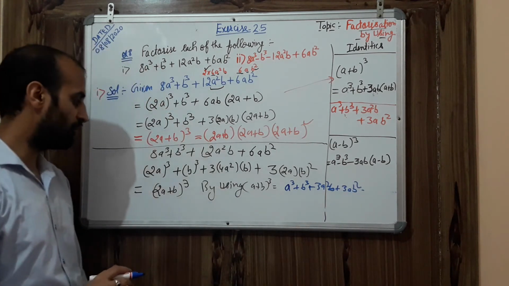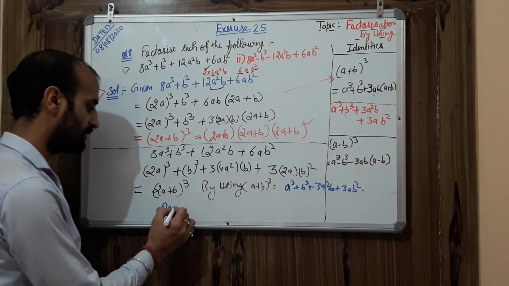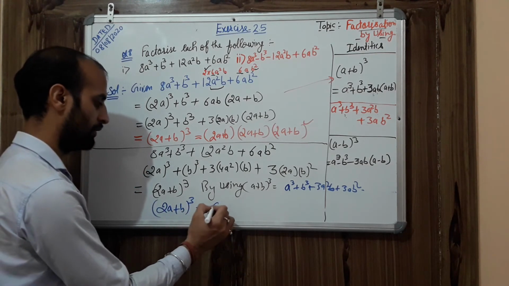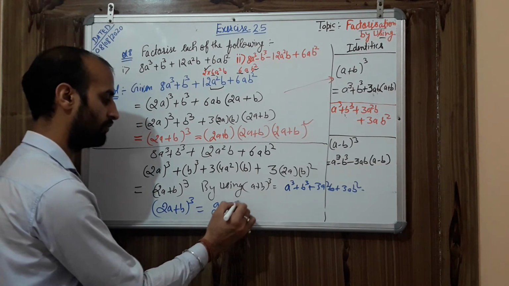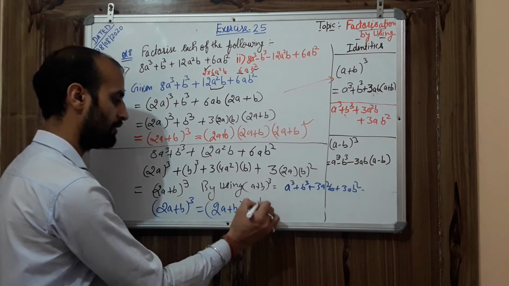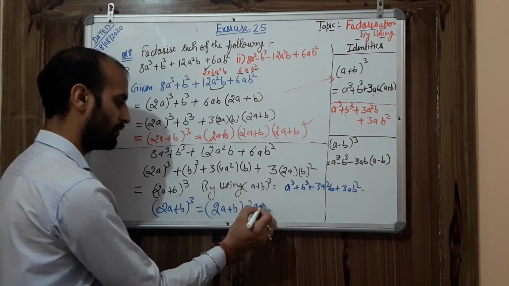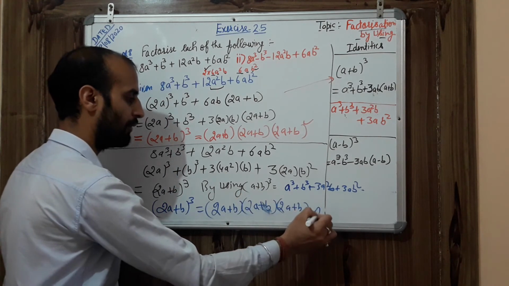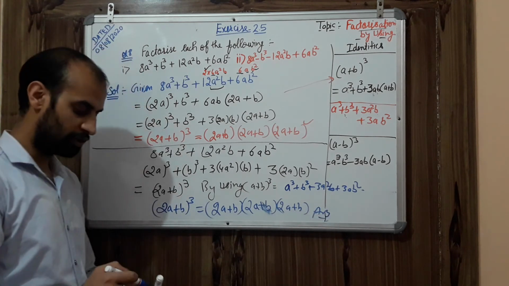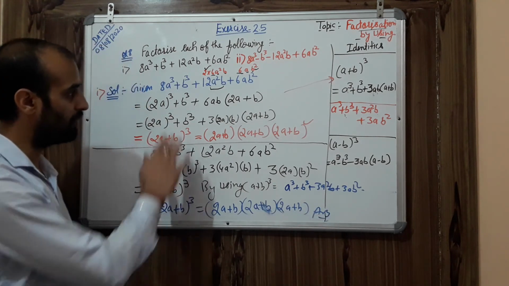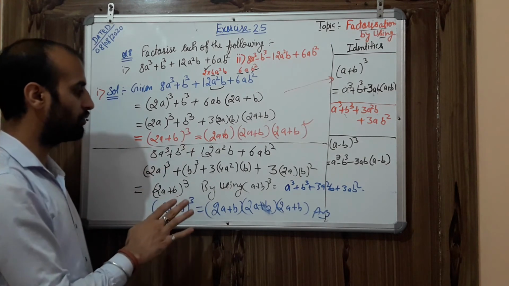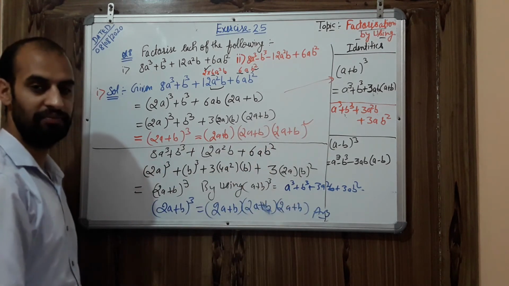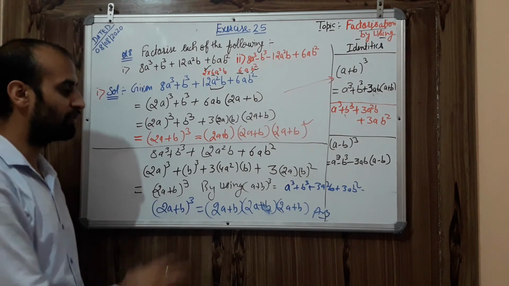I hope it is clear to you, my dear student, how you can factorize this one. So write it 3 times in this way. You will get the final answer. Both tricks are okay. You may go with this one, factorize and take common, or there is no need to factorize, just split it in this way, so it looks exactly the same. So finally you can come to the answer.